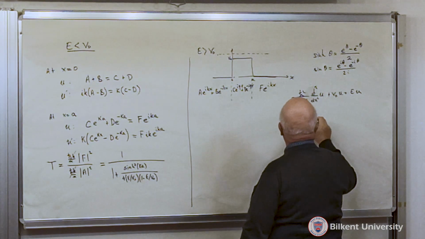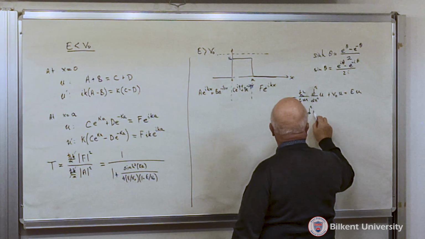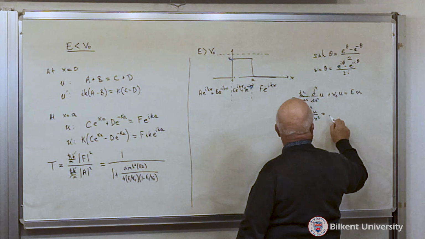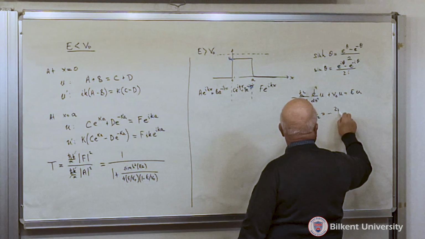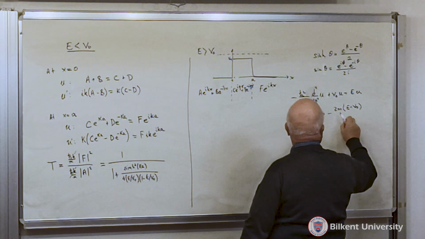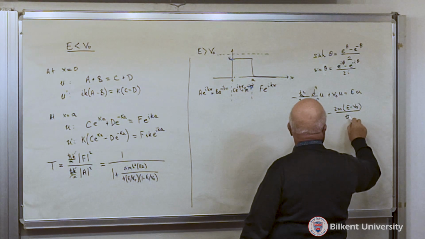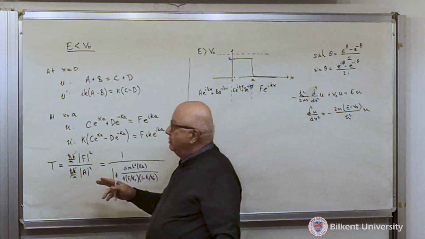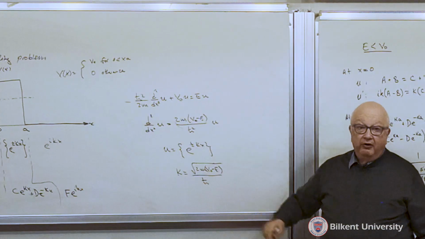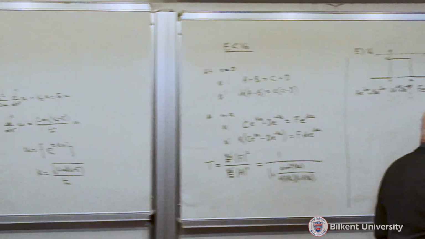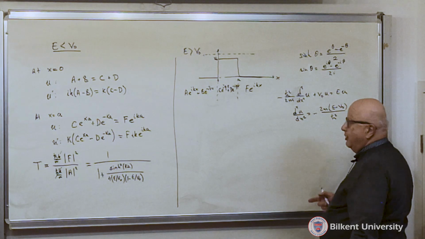So I'm going to get d squared u dx squared is equal to minus 2m (E minus V0) over h bar squared u. So you see, this is actually the same equation. Here I have written it as V0 minus E, and here I write it as E minus V0.